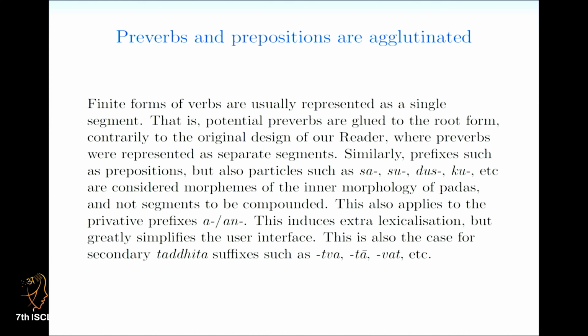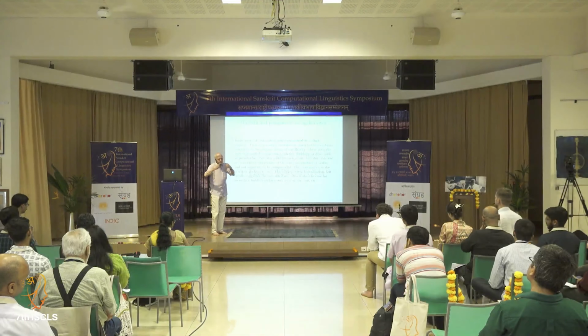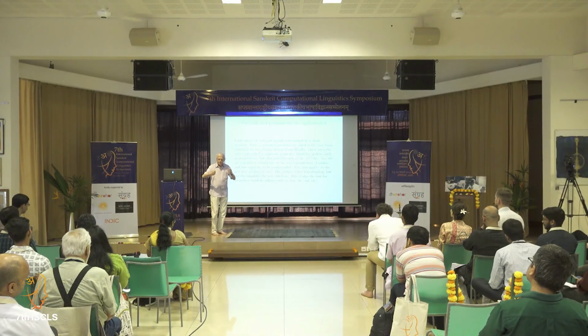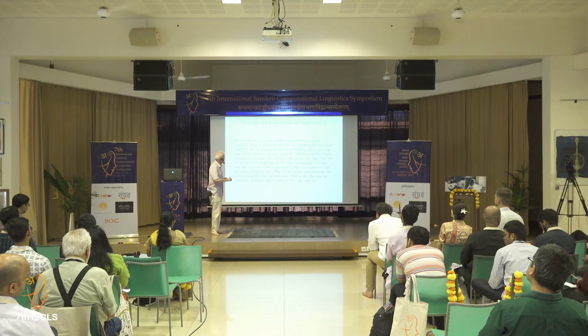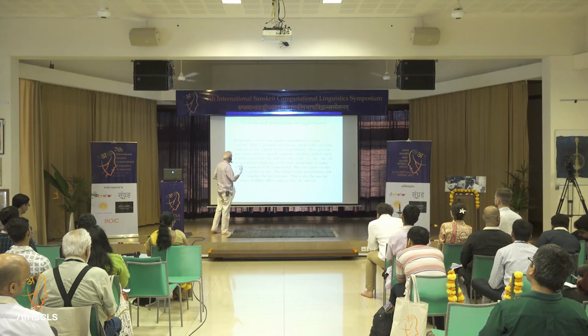So now the preverbs are analyzed separately by the segmenter, but when I show it to the user, I glue all the preverb prefixes to the root. So verbal forms are one segment.